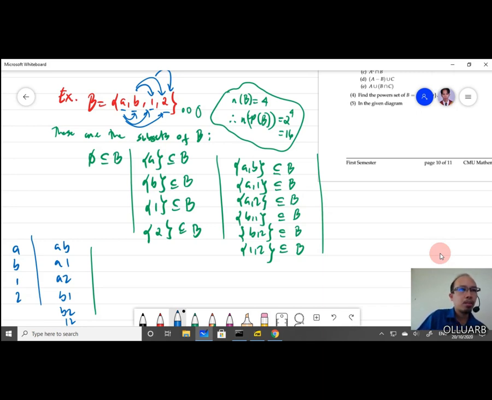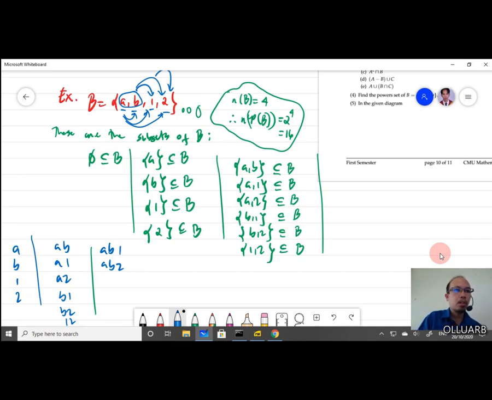So from here we have to use this one first, AB1, AB2. Remember that AB and BA are the same. In sets it doesn't matter if the elements are rearranged, meaning to say that AB and BA are the same. 1A and A1 are the same.